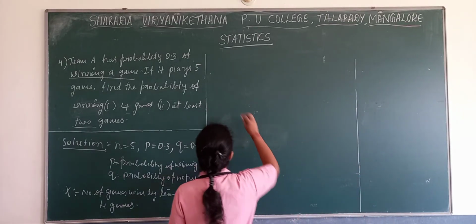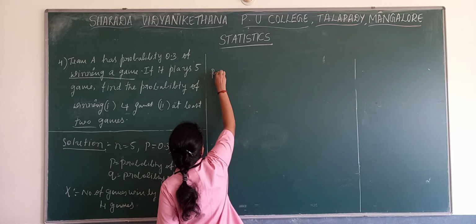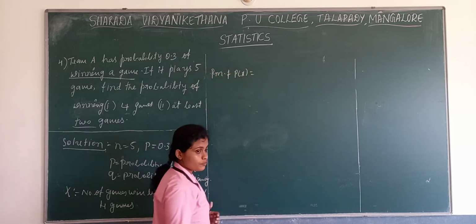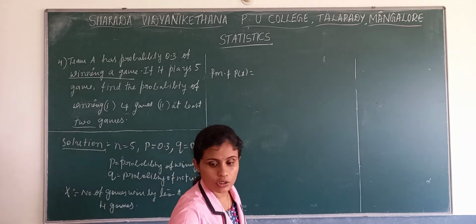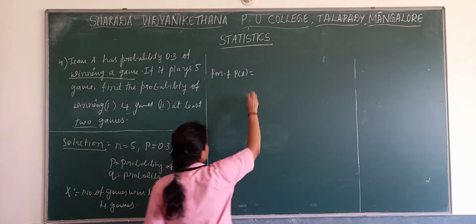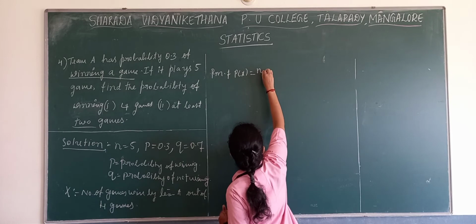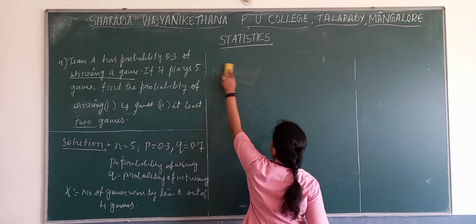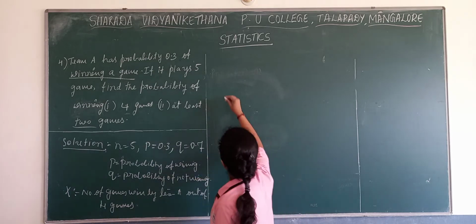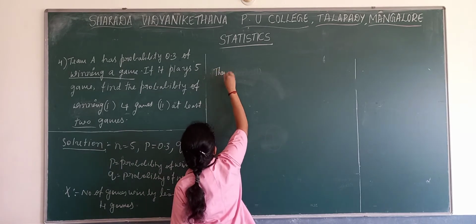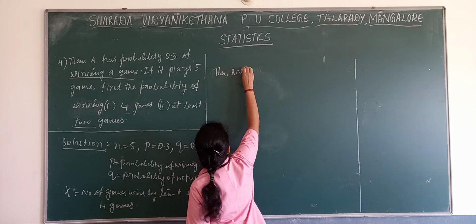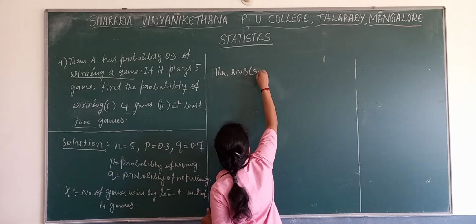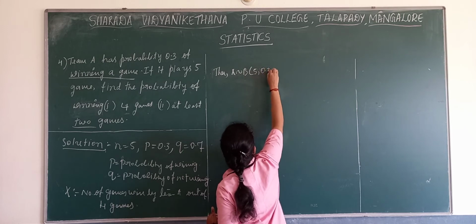Next we have to write the probability mass function, that is P of X. X follows binomial with N is 5 and P is 0.3.